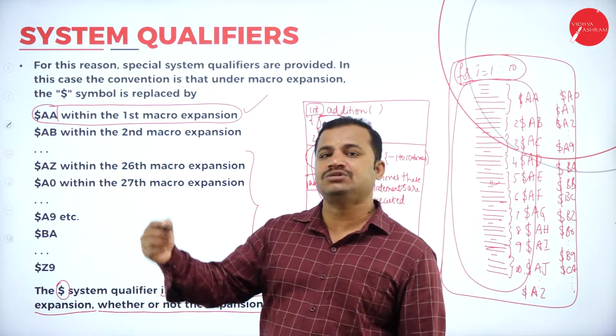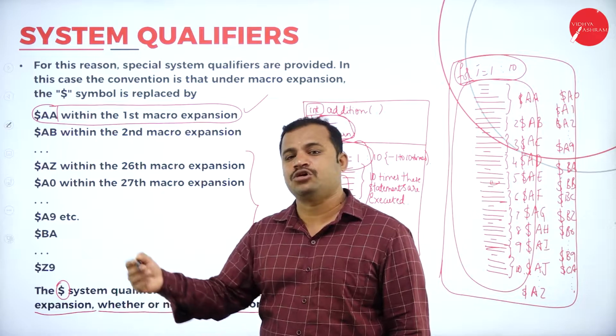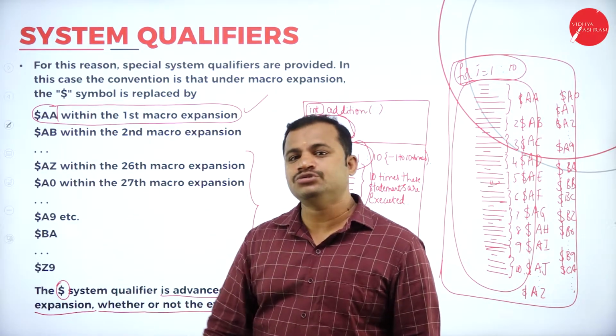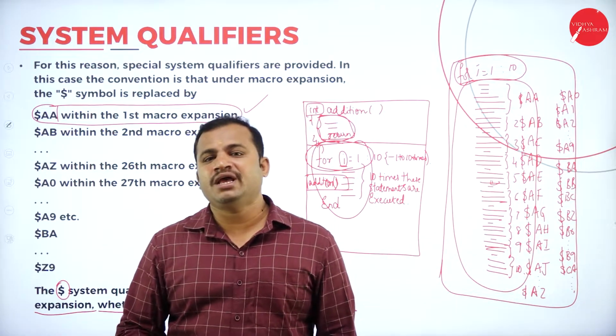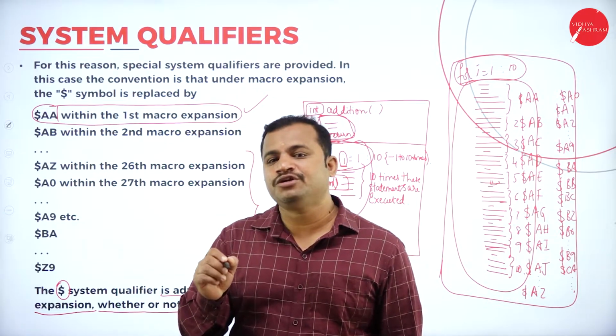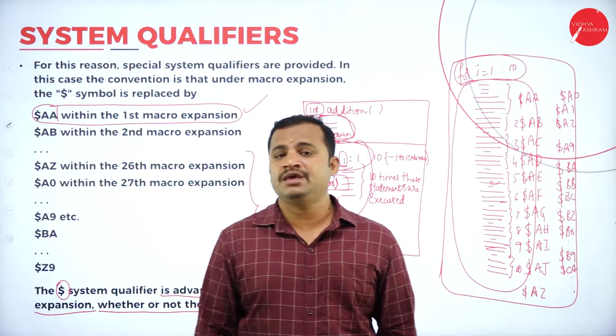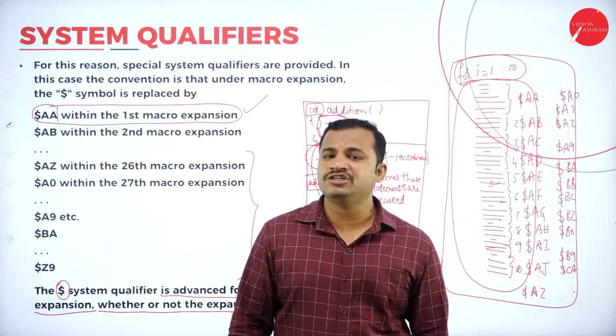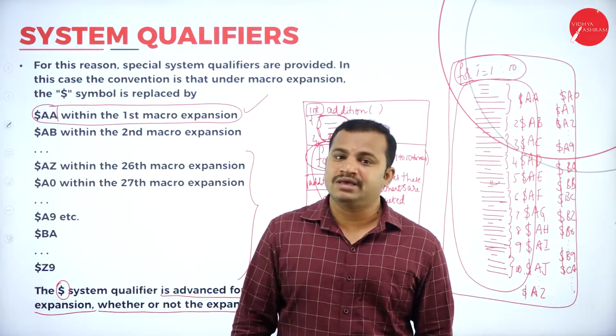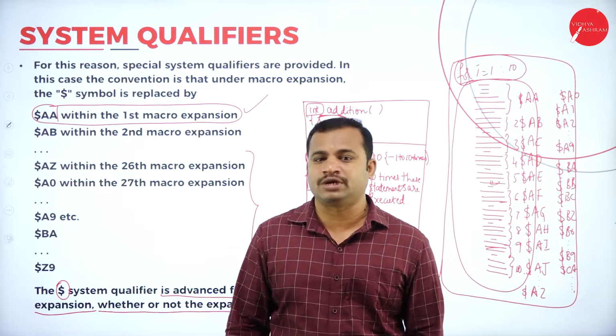Then we have C0, C1, C2, C3, C4, and so on up to C9. So this continues to identify each and every expanded version of the source code. With this, we will be able to recognize each and every statement uniquely in the expanded version of the source program.